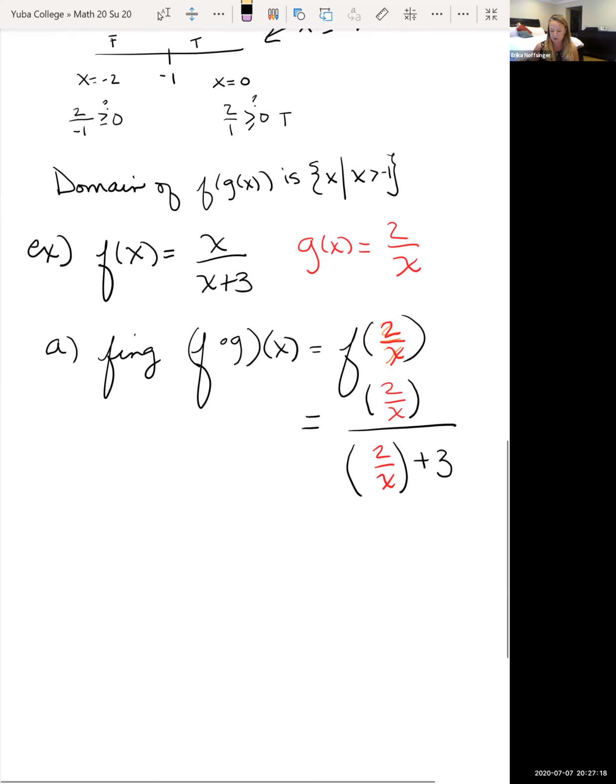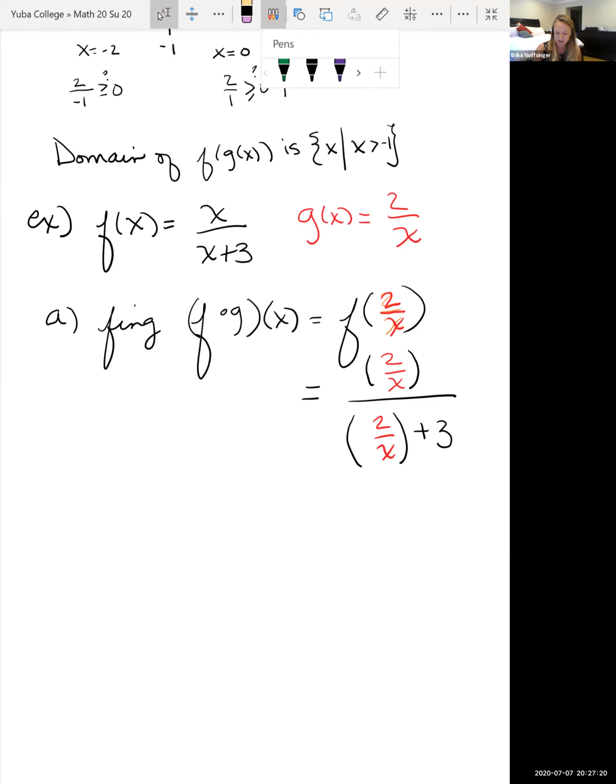And so we don't like fractions within fractions, and we can get rid of those by either getting the numerator as a single fraction and the denominator as a single fraction, and rewriting it as a division problem of fractions, which is multiplying the numerator by the reciprocal of the denominator. I think that's harder.